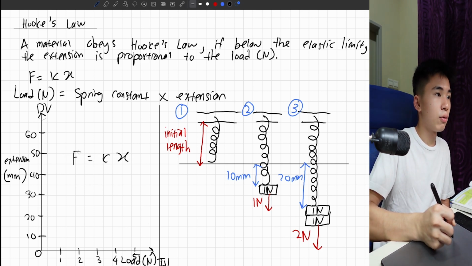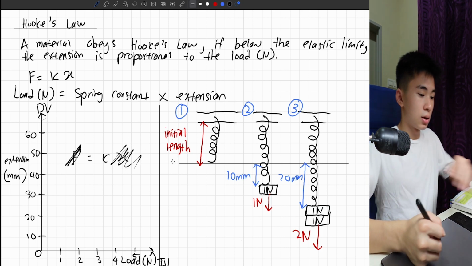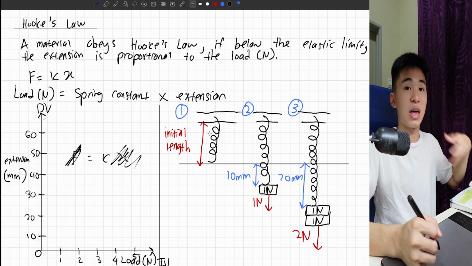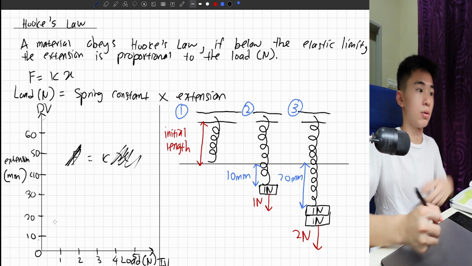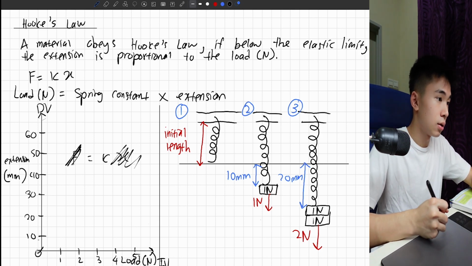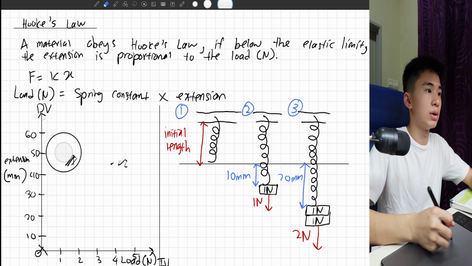If there is no force, there will be no extension. So in this first diagram, number 1, there is no extension, which means there is no force. So 0, 0. I will just plot my first point here. First point will be 0, 0. Now I'm going to erase this.